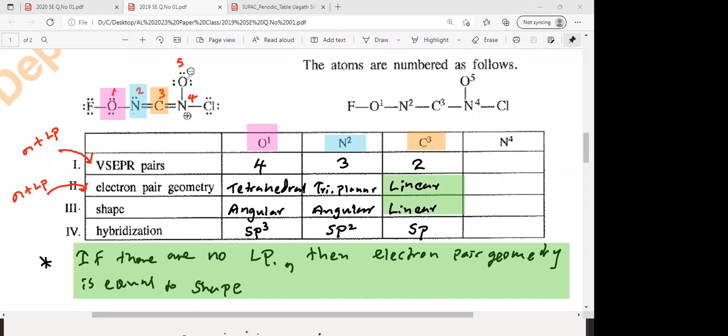Right. N4, there are 3 sigma bonds, no lone pairs. Therefore the molecular geometry, or the shape, is equal to the electron pair geometry. Therefore, it's trigonal planar. And this also is trigonal planar.